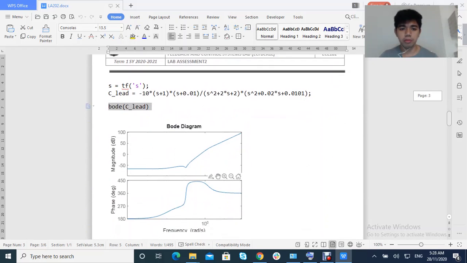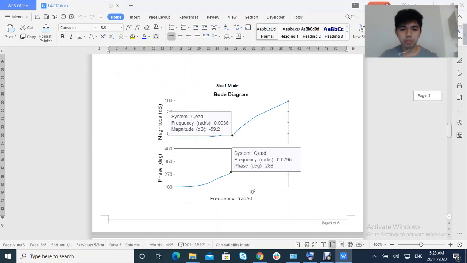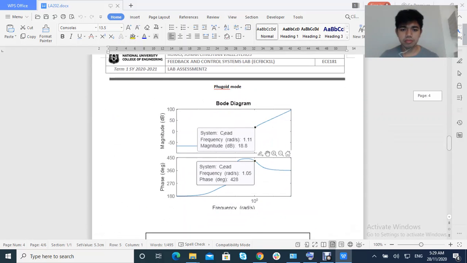Here is the Phugoid mode. This is the diagram for my Phugoid mode, while the short period mode is here. As you can see here, this is the short period mode.